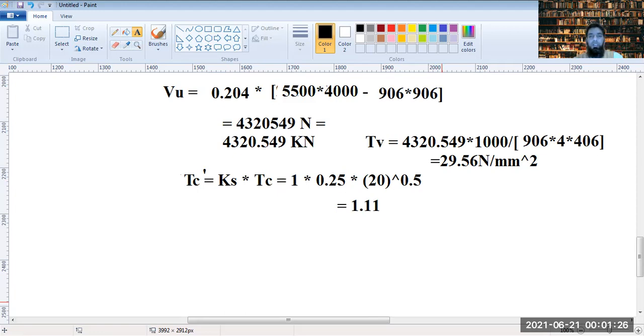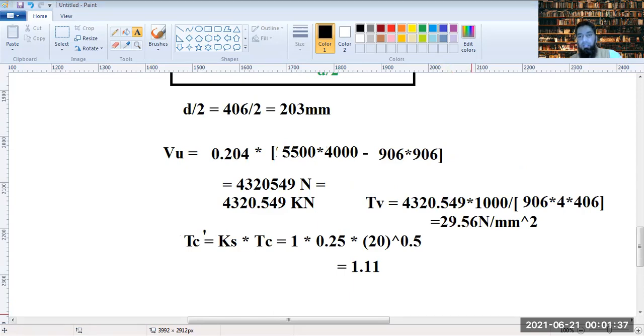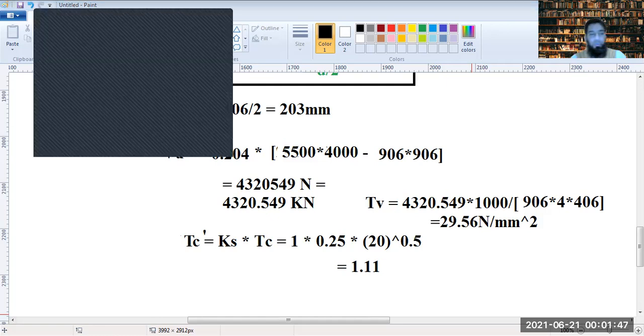So what we are getting is, I think I need to recheck this because there is certain issue here. This would not come out to be this much.